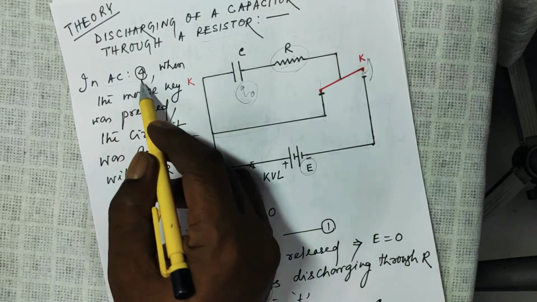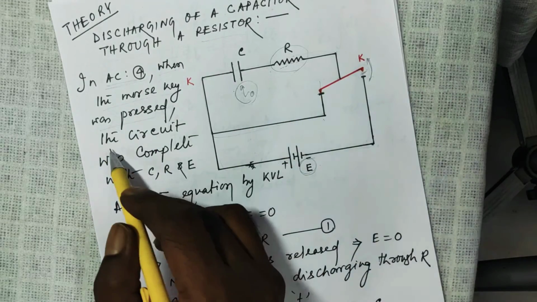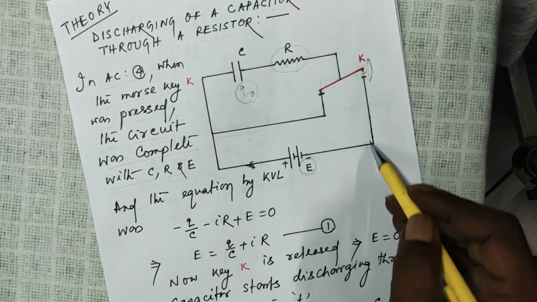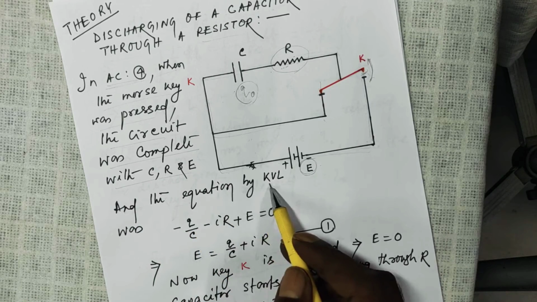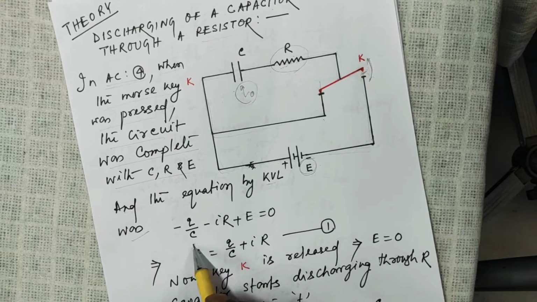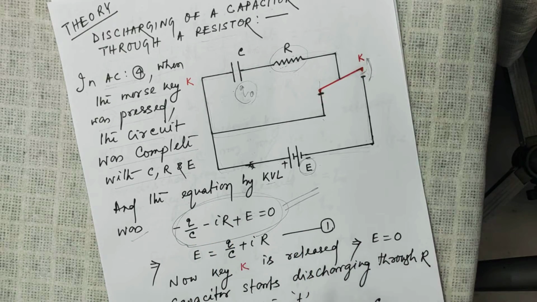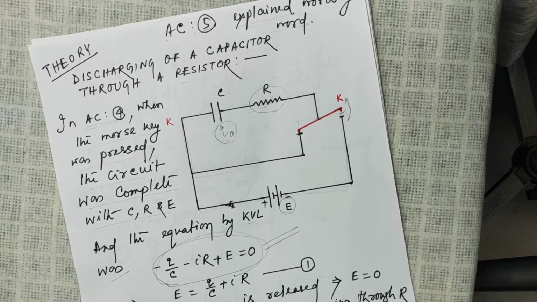So in alternating current 4, when the Morse key was pressed, the circuit was complete with CRC. The circuit was complete like this. And the equation by applying KVL was this. This is what we derived in alternating current lesson 4.